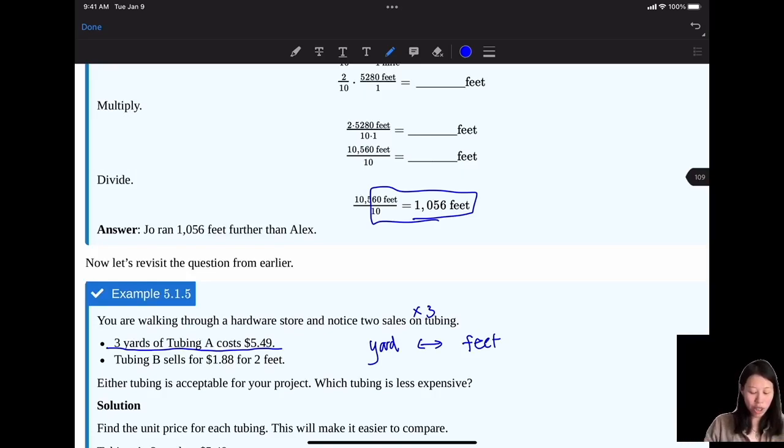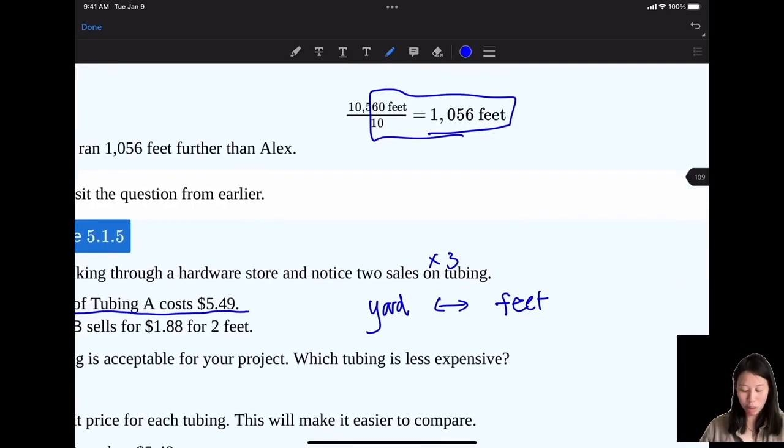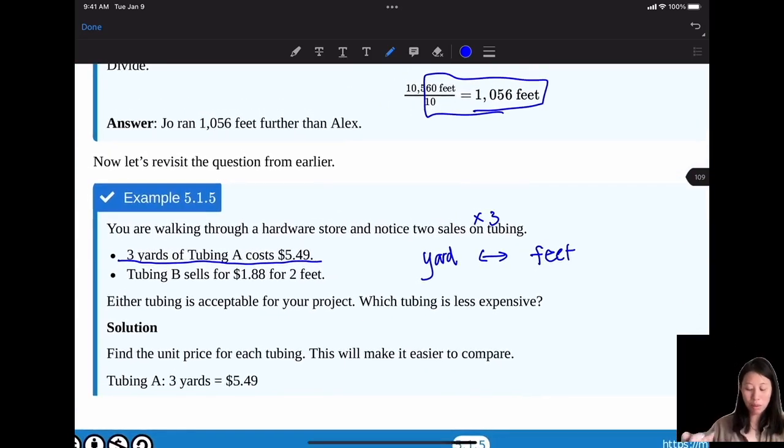Okay, so now your 3 yard of tubing A costs that amount of money. So let's see. 3 yard of tubing A is equals to how many feet? So if I times 3, I will have 9 feet, right? So that means 9 feet of tubing A costs $5.49, and tubing B sell for $1.88 for 2 feet.